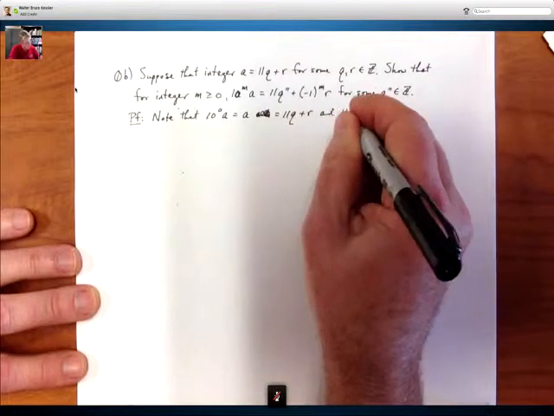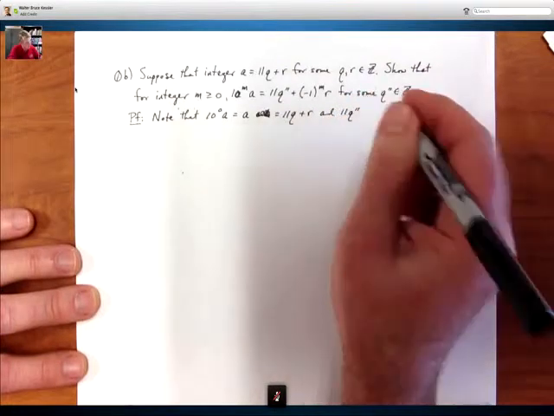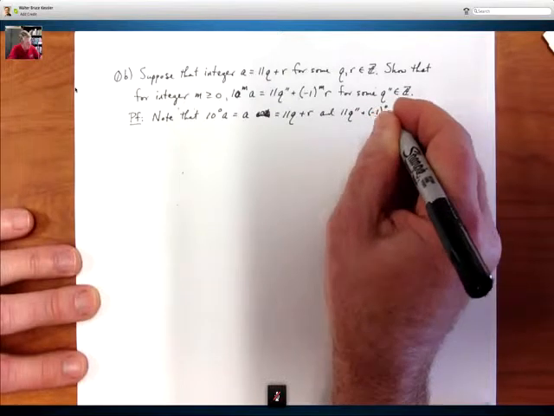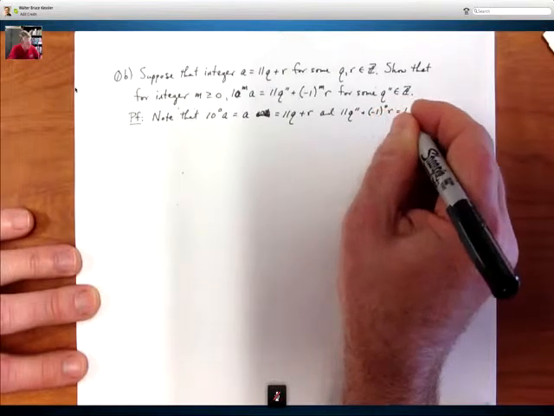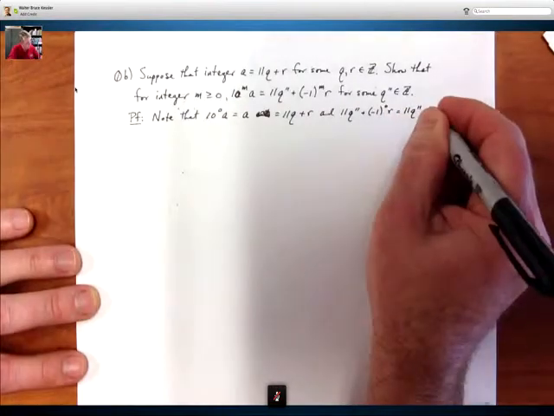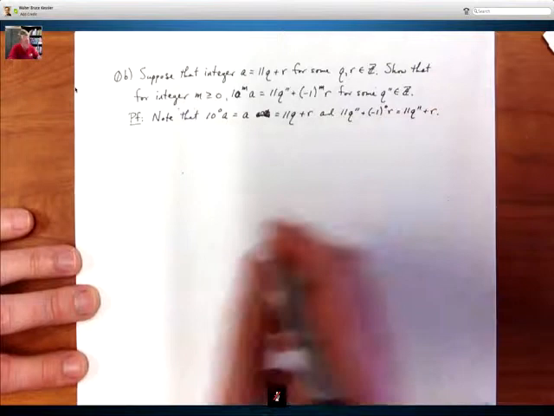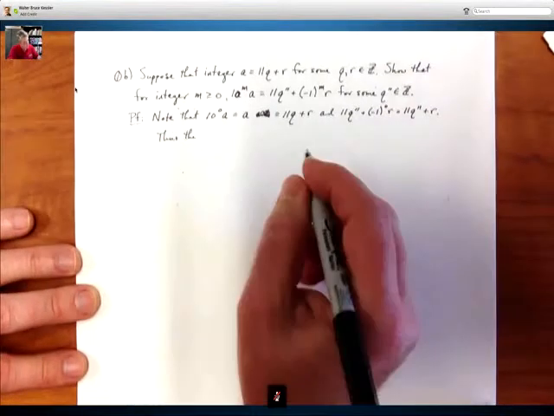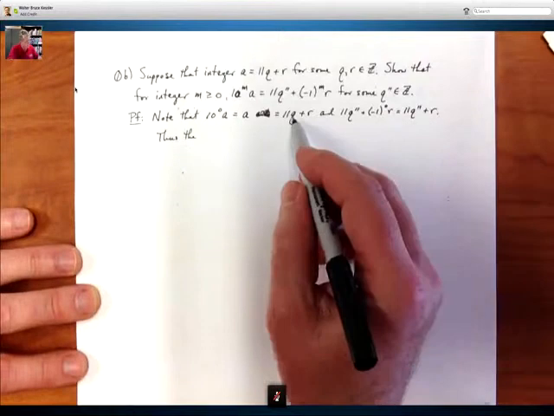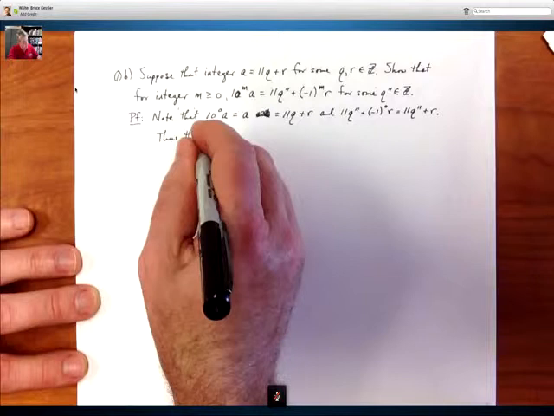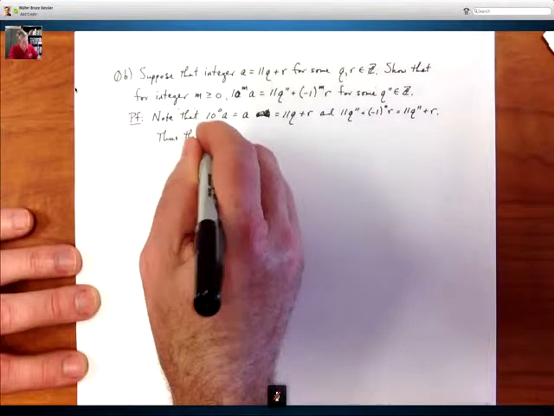And over here, 11q double prime plus negative 1 to the 0 r is 11q double prime plus r. Basically I just need to let q double prime be q. Thus the statement holds.